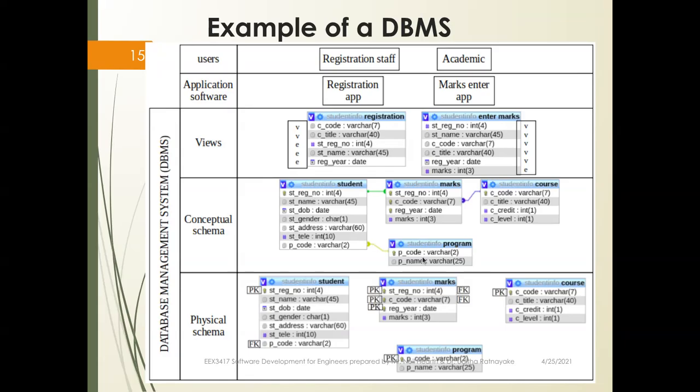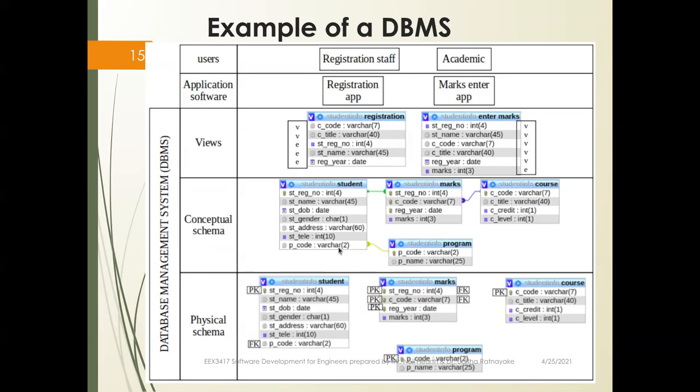And now here the foreign key. Here you can see foreign key. Foreign key is a primary key of another table. Here this table's primary key is P code. Here you can see P code here. So this P code is called foreign key. This P code is primary key.